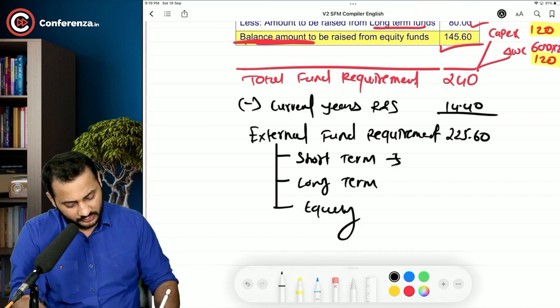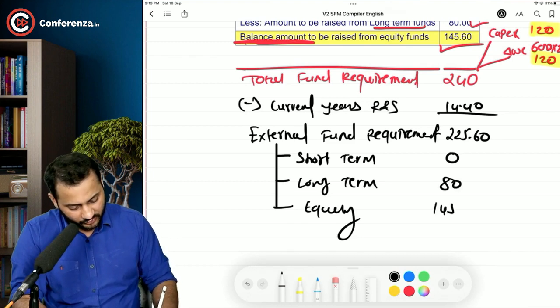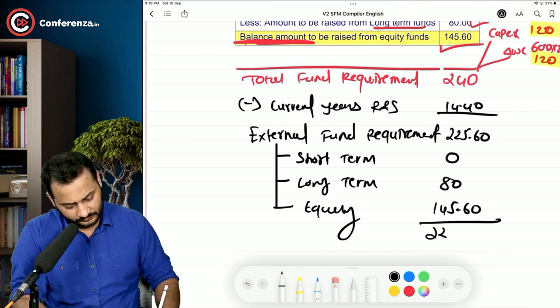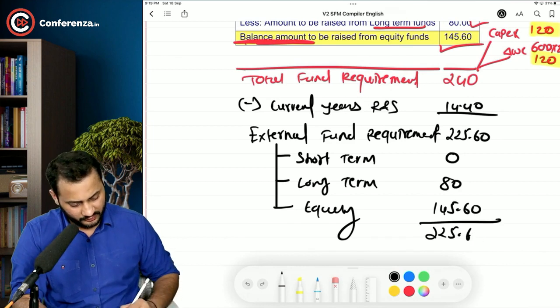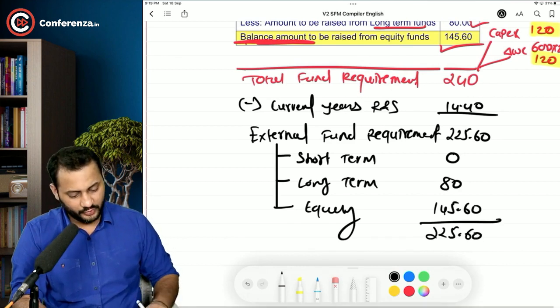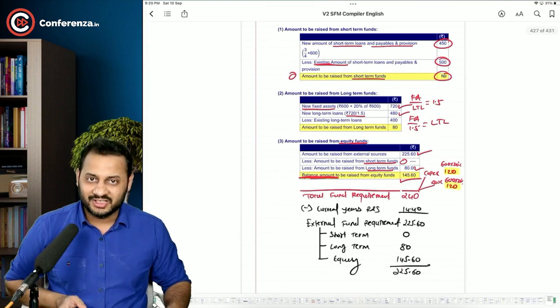Short term loan 0, long term 80, and equity 145.60. This is how we have funded. I hope you have understood the entire question now.